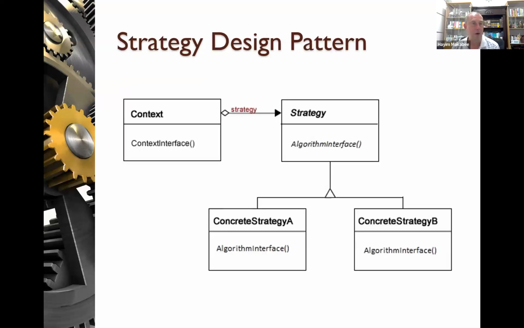And here is an example, the strategy design pattern. Who knows the strategy design pattern? It is my favorite one, the only one which matters in architectural design. So the strategy does exactly that. There is some context that uses some strategy, and there are several possible ways to implement this strategy.